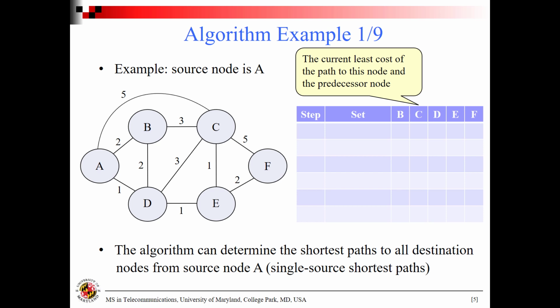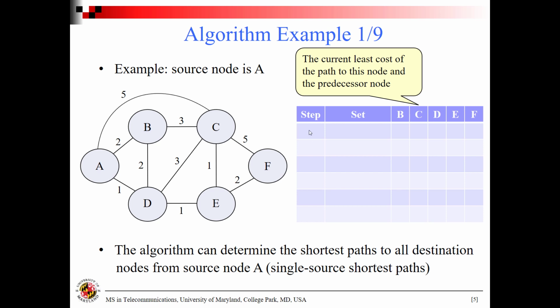So that's the network, and then on the right side you can see a table which would keep track of the evolution of the algorithm. So for every step we're going to fill out a row, and for each row we're going to have to fill out some of the columns according to the algorithm described in the previous slide.